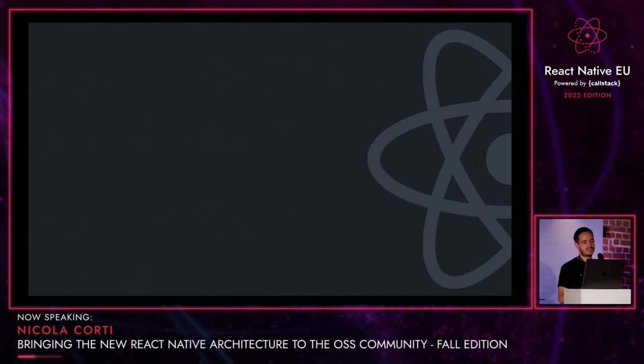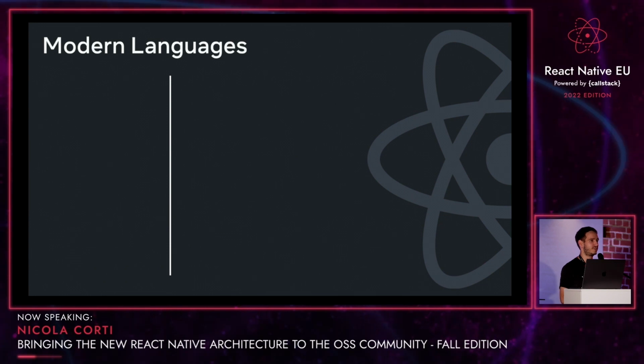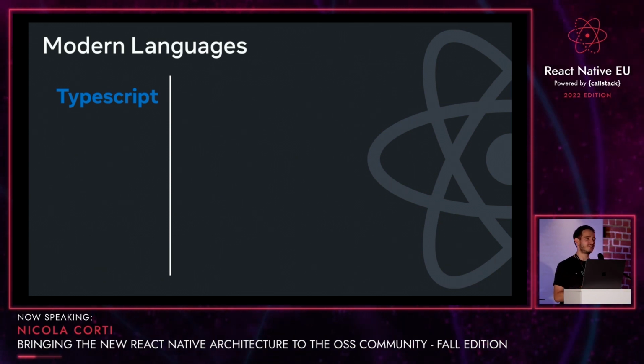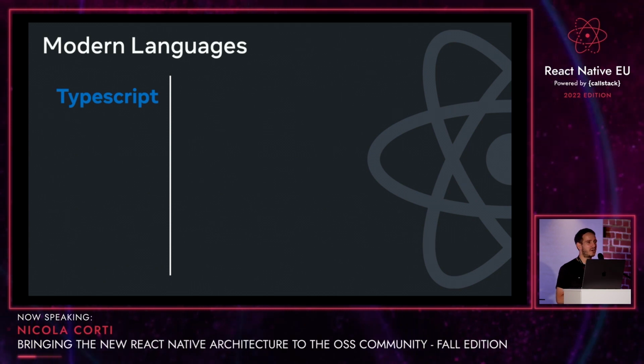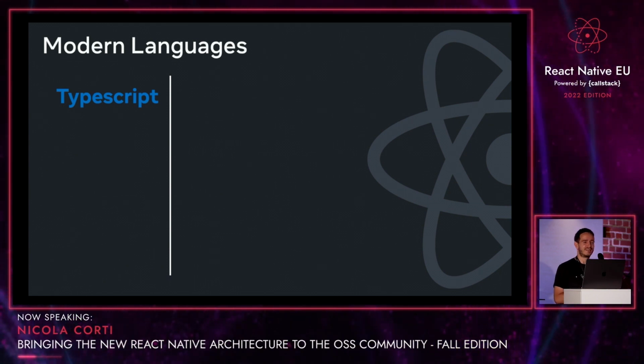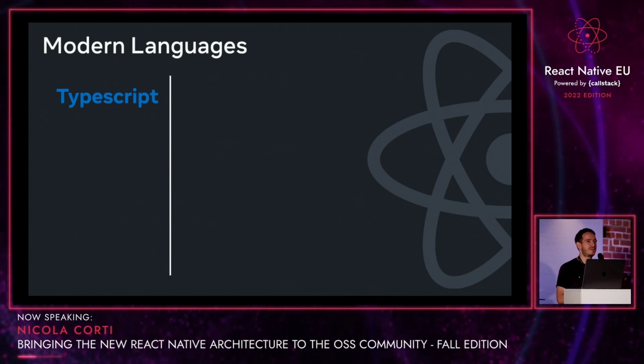Back to the new architecture. A couple of changes that we also took a stance at looking into, which was highly requested, is modern languages. We keep on hearing from the community that you want to use TypeScript. And well, if you looked at the first iteration of the new architecture docs, which were released in December last year, the number one comment is like, I don't want to use Flow to write my specs.